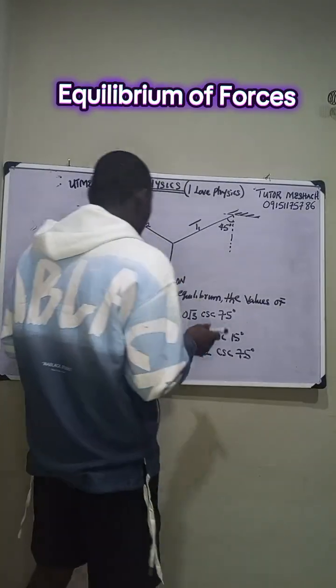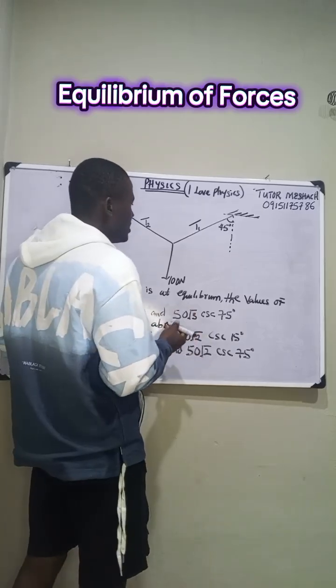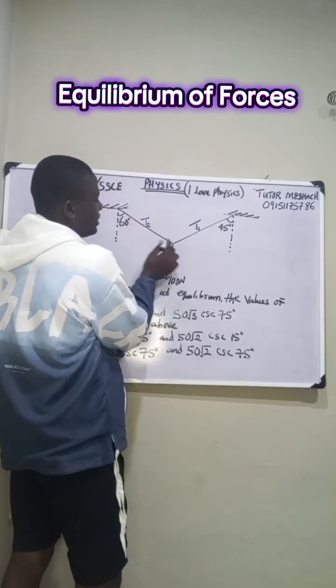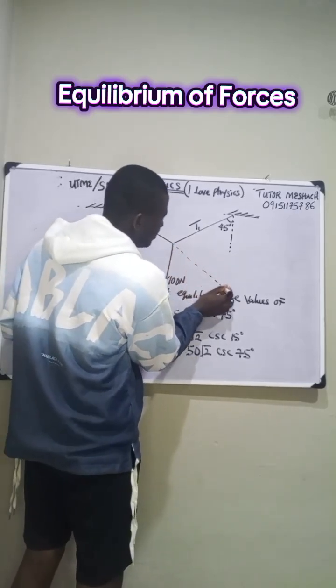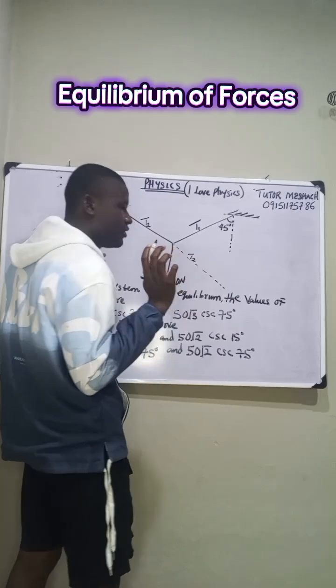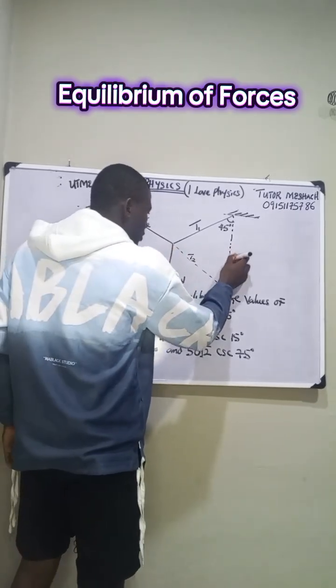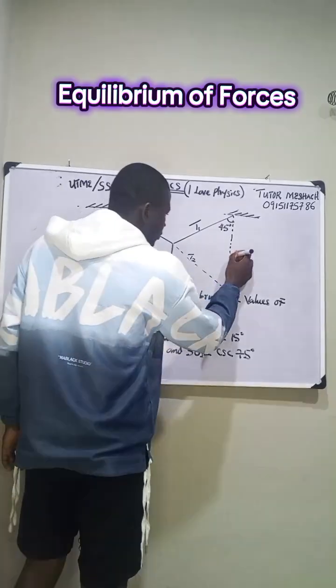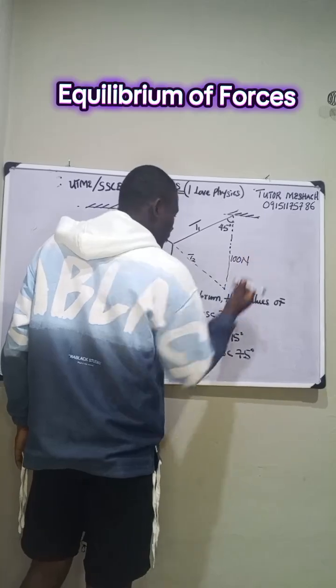Now, how are you going to draw it? The way you are going to draw it is simple. This T2 you are seeing here, you can decide to extend it like this. And this becomes your T2. Very correct. And this one, I told you, is the same as this. So here becomes 100 Newton.